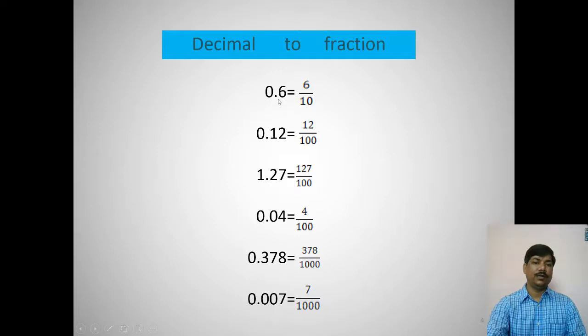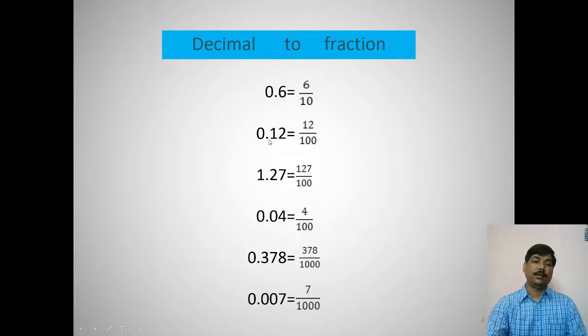When we remove this point, the whole number is 6. The denominator will be 1 with zeros added. How many digits are after the decimal? 1. As the number of digits after the decimal point, we increase the number of zeros. If there is 1 digit, we add 1 zero.